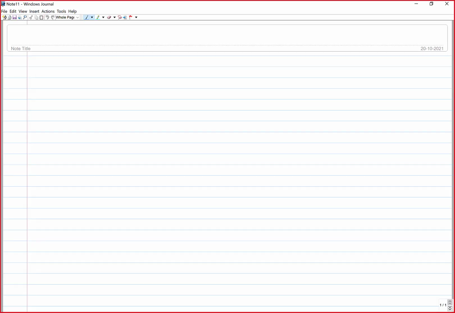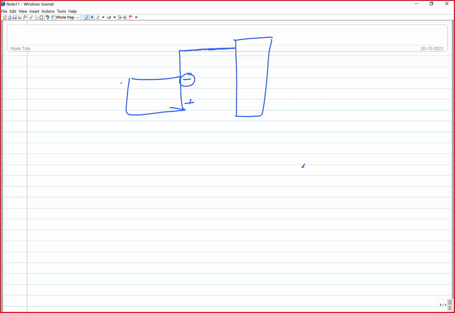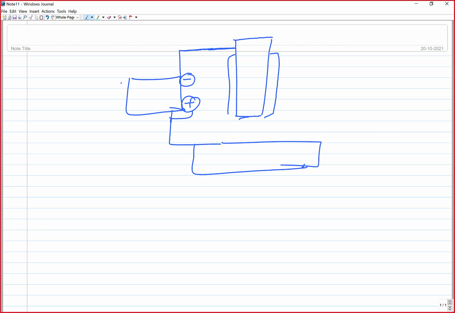What is the purpose of the fluxes which are used in welding? Say this is the core wire, and here it is connected to the power source. This is the base metal, and this is the coating. Your arc will be struck.